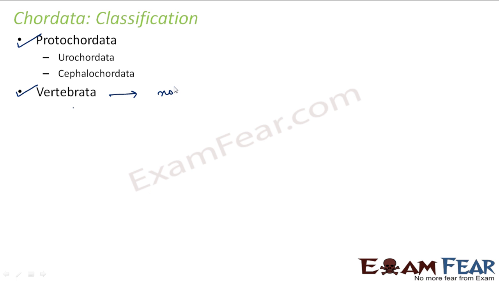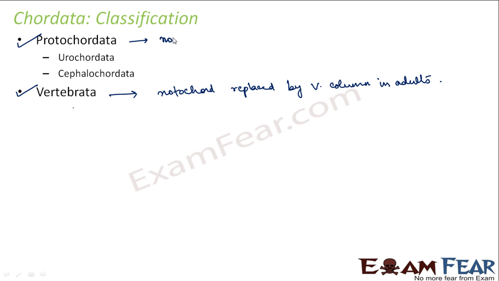So here in vertebrata, notochord is replaced by vertebral column in adults. And in protochordata, notochord was present. Now this protochordata was further classified into two types, Urochordata and Cephalochordata.